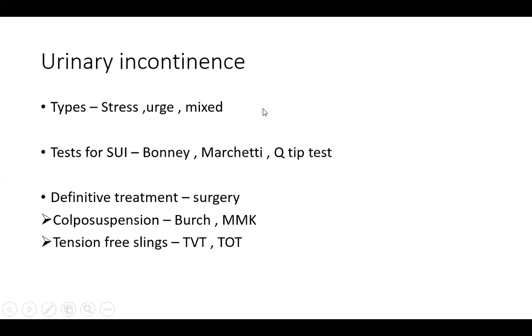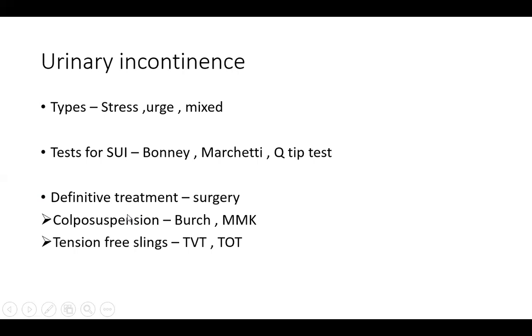Urinary incontinence, you should know three types, which are stress, urge, and mixed. And out of these three, stress urinary incontinence is the most important one because questions are based on it only. So tests for SUI are Bonney's test, Marchetti, and Q-tip test. Whenever some question is asked, like what is the definitive treatment for SUI, you should pick the answer which indicates surgery.